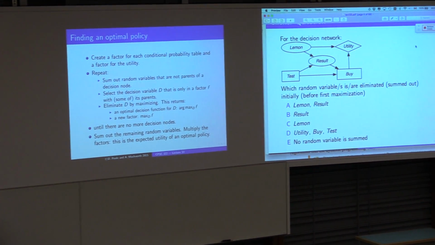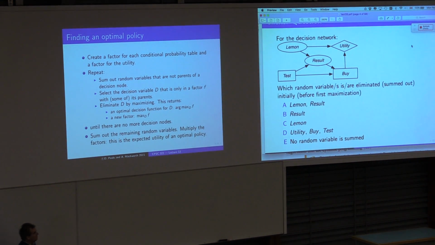So here's a decision network, the same one we saw last time. It's about buying a car and working out whether it's a lemon or not. The question is, which random variable or variables are eliminated, summed out, initially before the first maximization? Remember, in this algorithm we create a factor, and now we're summing out, and we haven't got to the decision. We want to know which variables we're going to sum out.